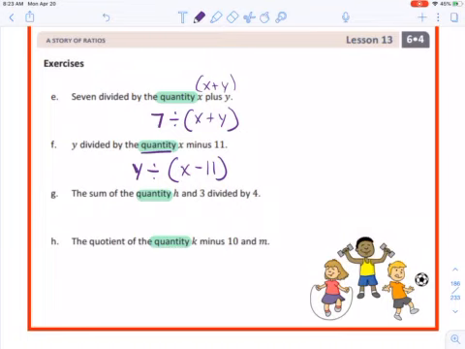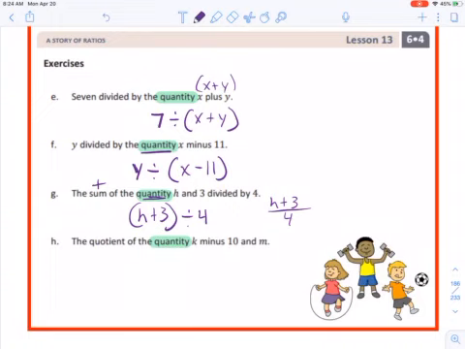The parentheses go first: the sum of the quantity h and 3. Sum means to add, so h plus 3 goes in parentheses because we have the word quantity here. Then we divide it by 4. We can also show this as h plus 3 over 4. Same thing, both are correct answers.